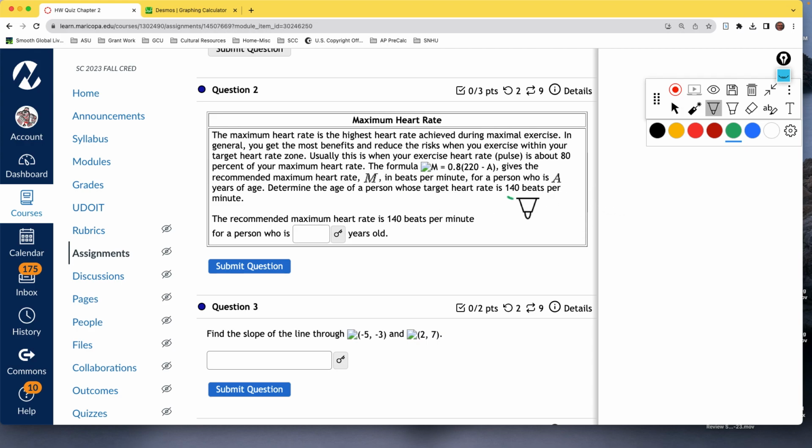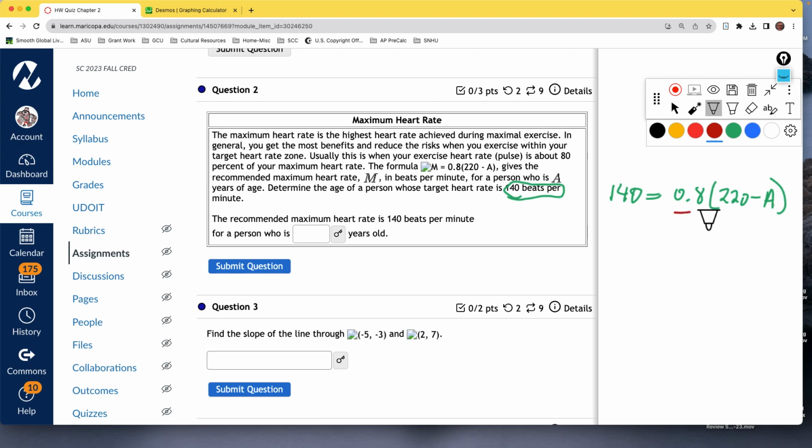Instead of 133 this time, we're looking for 140. So we just set it up, 140 equals 0.8 instead of 0.7, times 220 minus A, and we need to solve for A. So how do we go about doing that again?